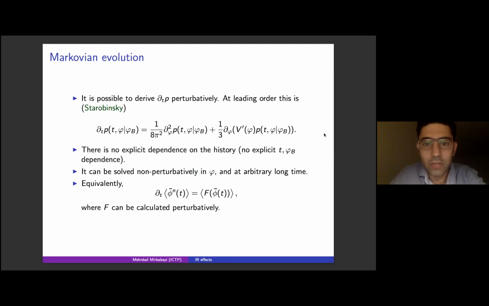Because what we are doing is that we are talking about the reduced density matrix when we have integrated out infinitely many infrared, low frequency degrees of freedom. So normally one wouldn't get a Markovian evolution when tracing over soft degrees of freedom.